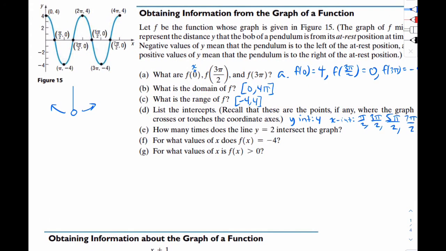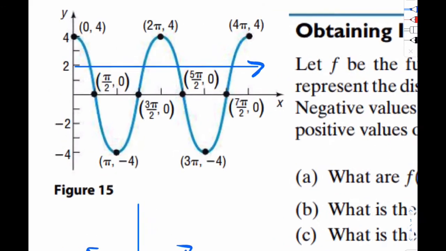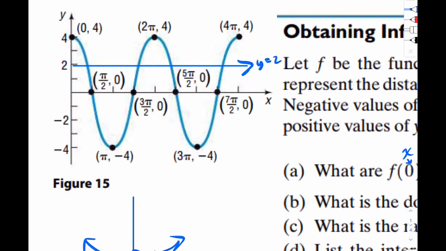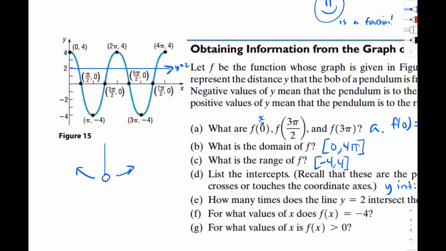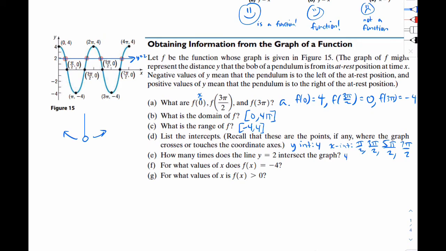How many times does the line y equals 2 intersect the graph? So let's draw in y equals 2 right here. I can see it intersects it 4 times. 1, 2, 3, 4. So we'll write 4 times.